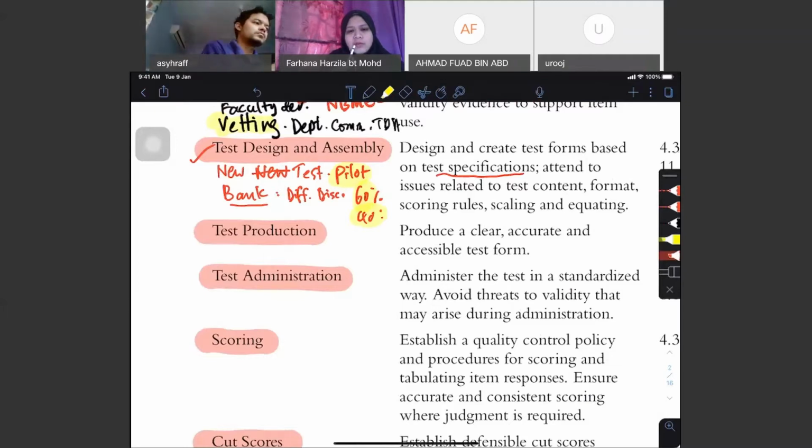But the feasibility, the reality is that we don't have enough bank questions, especially schools which do not employ a good item banking system.